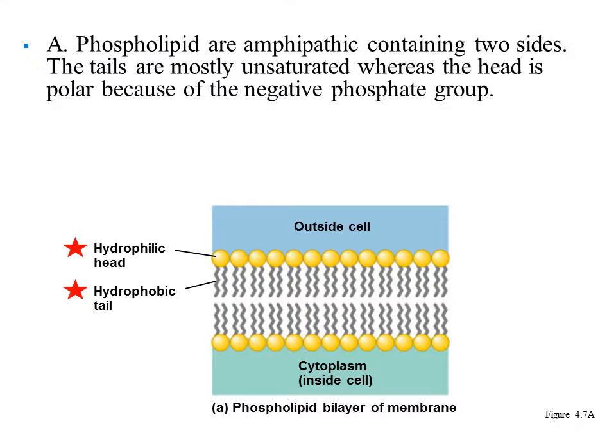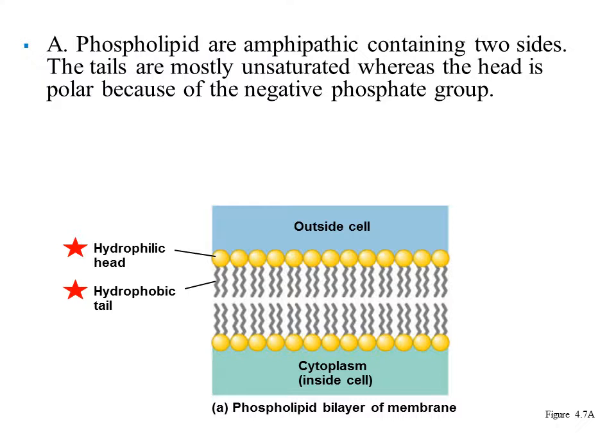Let's specifically talk about the phospholipids. These phospholipids, we mentioned this in Unit 1, they have 2 sides. They have a polar side and a nonpolar side. The polar side is attracted to water. So we call the phospholipid amphipathic because it has 2 sides. The head is attracted to water, it's hydrophilic.